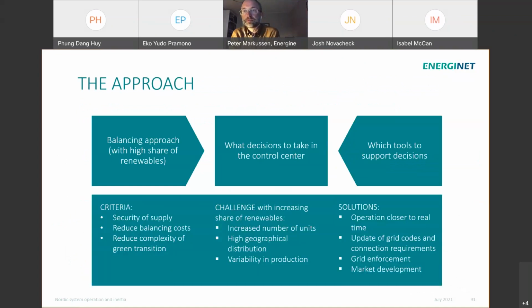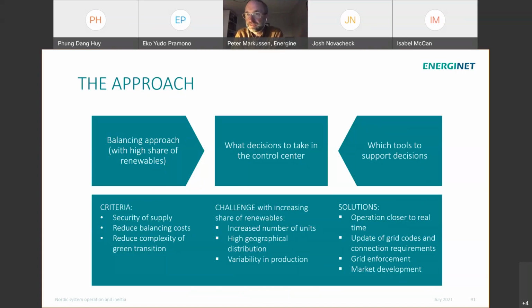So now looking at inertia, there has been quite intense study going on in the Nordics for the last 5 years. The framework has been: what is our balancing approach, focusing on the ACE and the use of FCR, but we could also see that there were some challenges in some periods where inertia was quite low. What was then the impact, and should we look at changing our way of balancing?